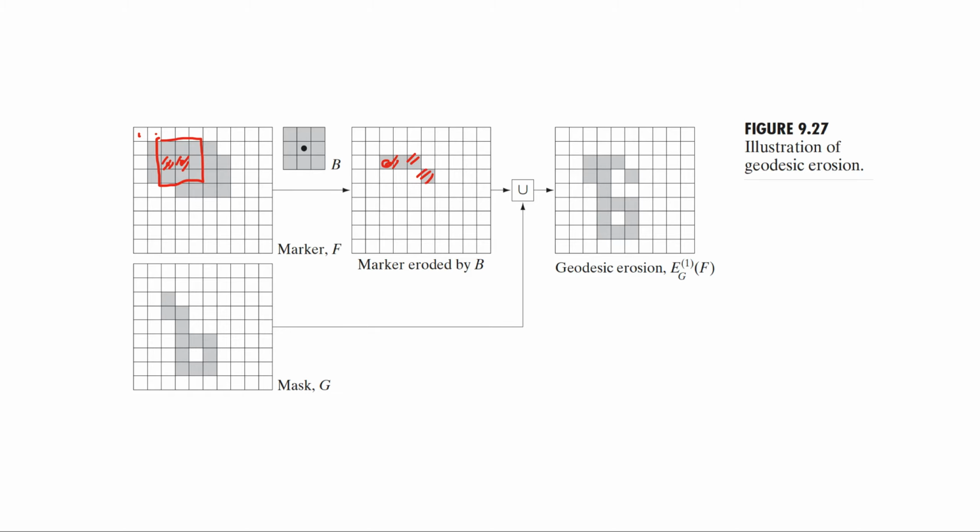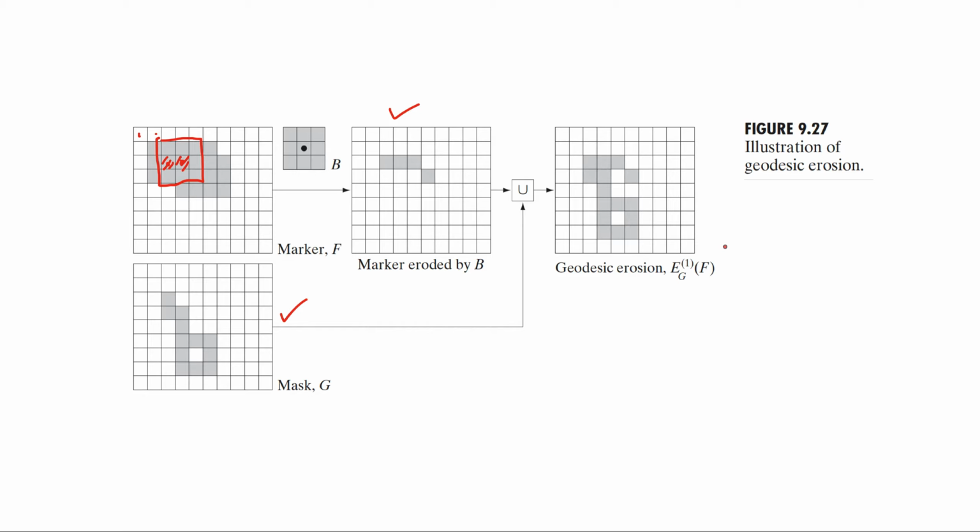Okay, now as the next step of the geodesic erosion, you have to take the union of this image as well as this image. You can consider the union operation as the logical OR operation.